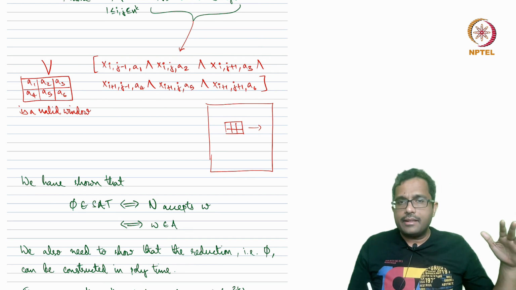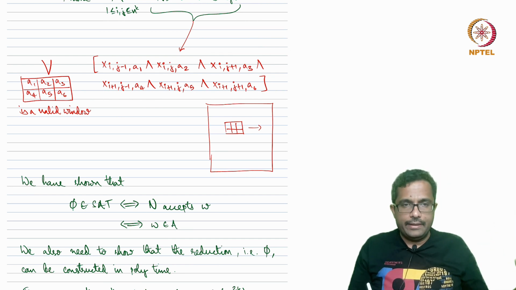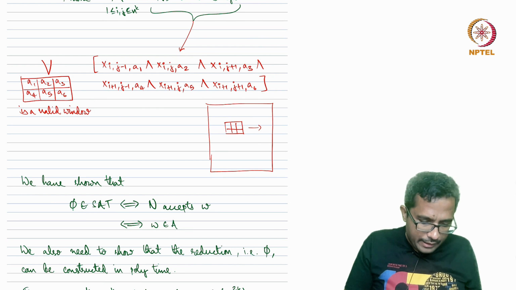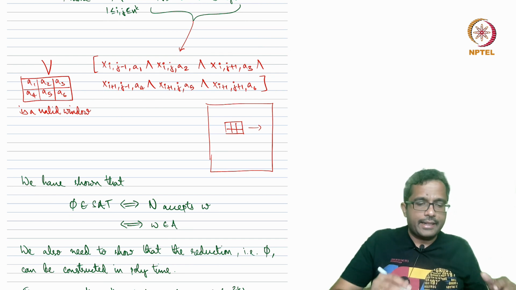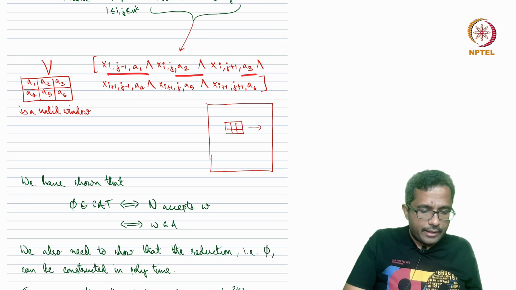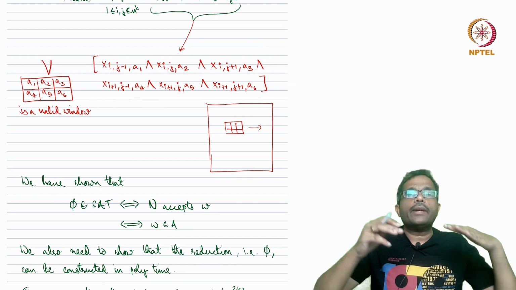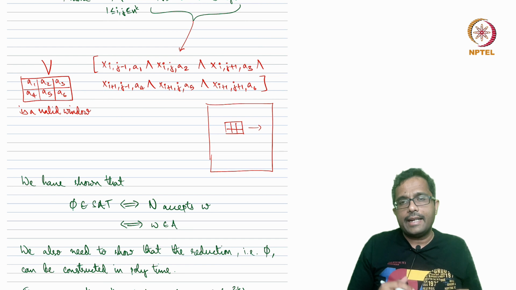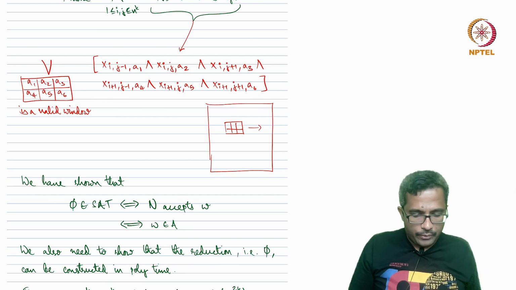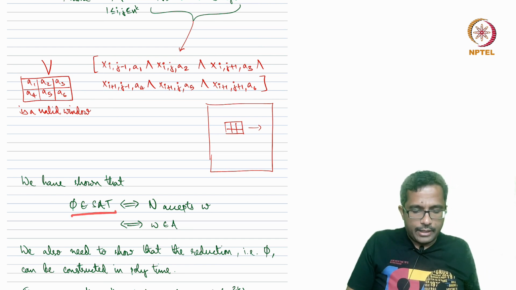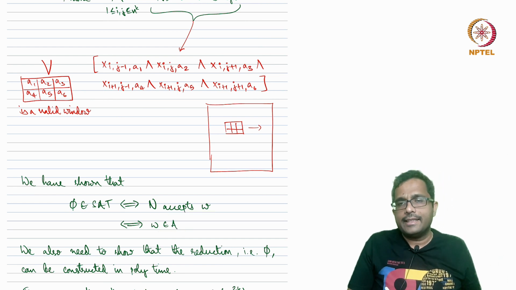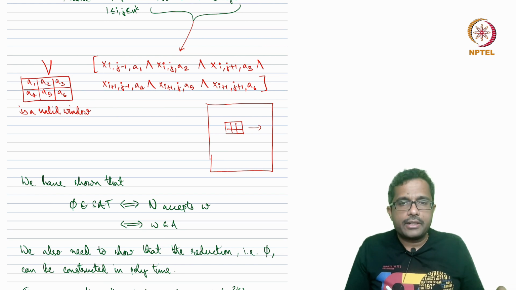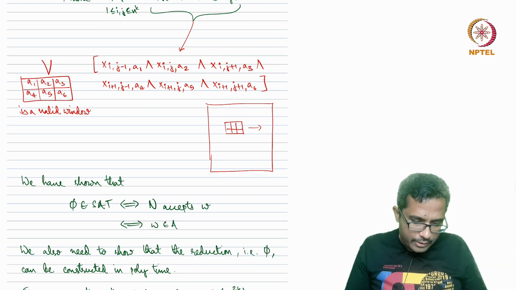Correctness has been established by what we said in the previous lecture and this lecture: this formula is satisfiable if and only if we can set these variables in a certain way, and we can do that only when there is a sequence of computations that leads N to accepting w. So this formula is satisfiable if and only if N accepts w, if and only if w is in A, because N is a decider for A, even though a non-deterministic decider. So this is the correctness.